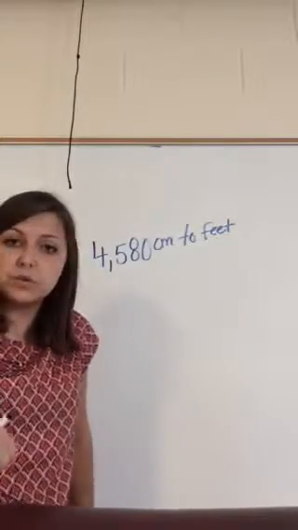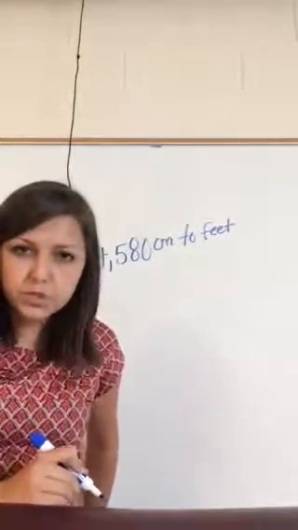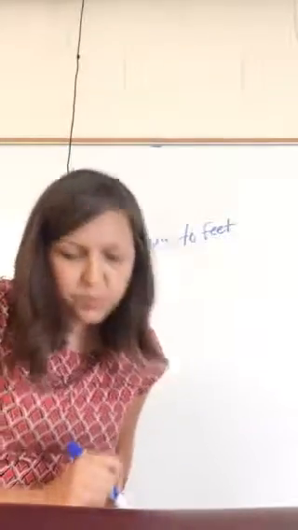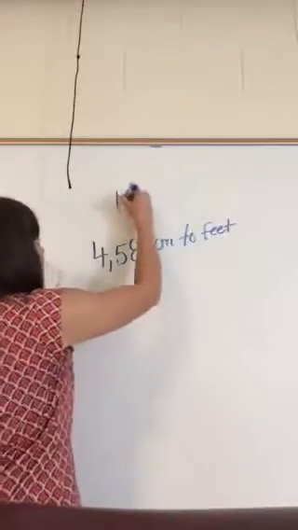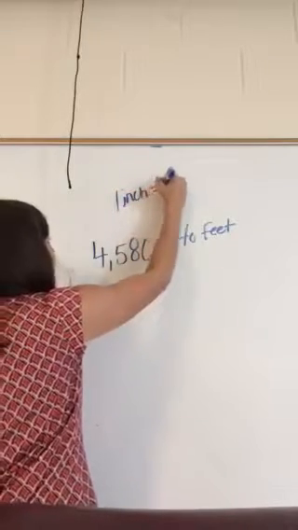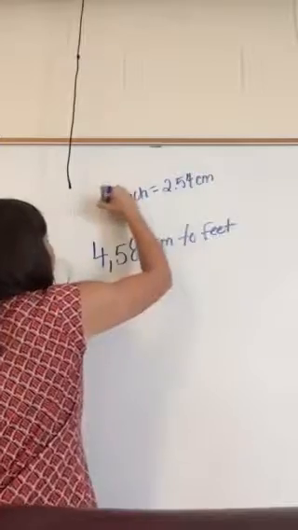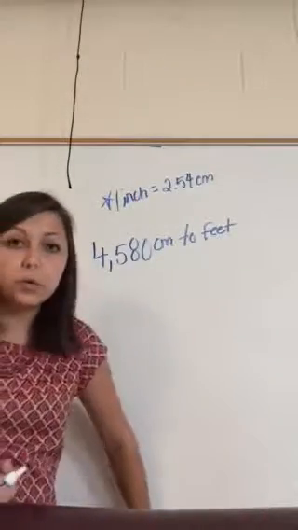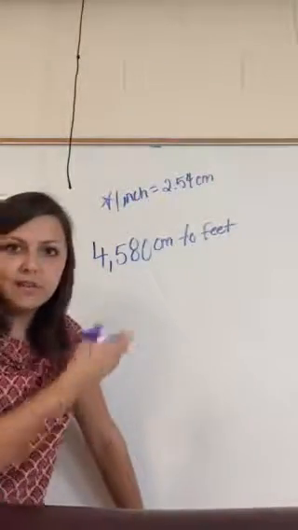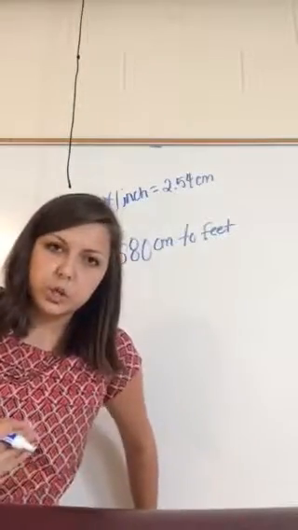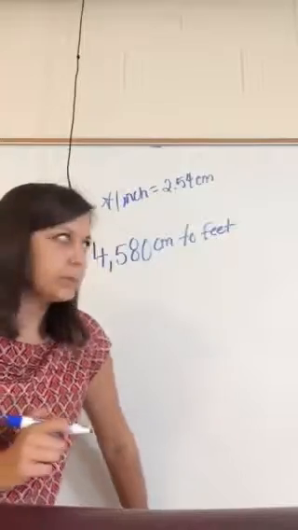And one thing that we do know, and you will have this on your conversion chart tomorrow, is that 1 inch is equal to 2.54 centimeters. That is the conversion you will know tomorrow, if this happened to be the conversion you were doing, and you would always have that on your conversion chart. So that's the one you would go to.